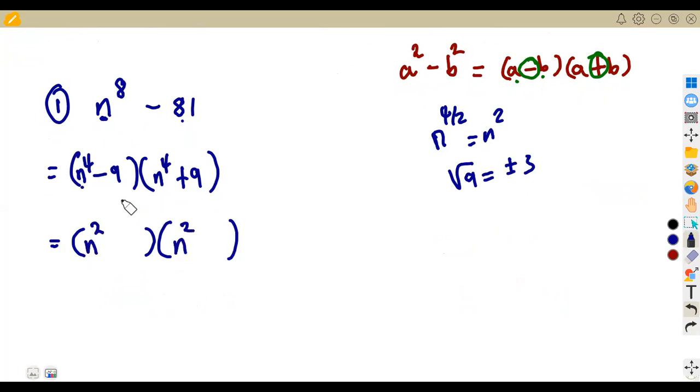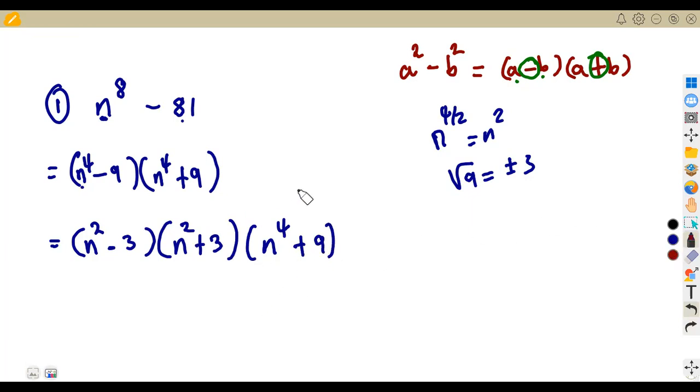The square root of 9, which we said is plus or minus 3. So one bracket is going to subtract, which is minus 3. Another bracket is going to add, which is a plus 3 in this case, right? Then this part, like I said, we do not have a sum of 2 squares. So yes, they are perfect squares, but we cannot factorize this part. It is going to remain as it is, which is n to the exponent of 4 plus 9.